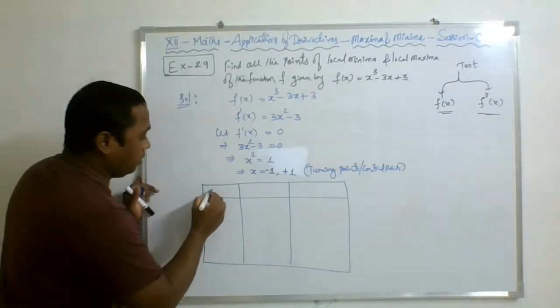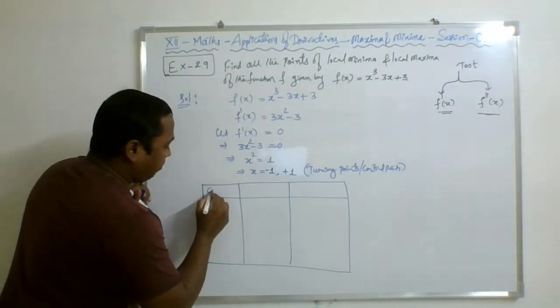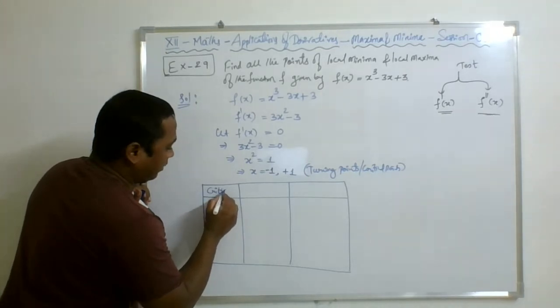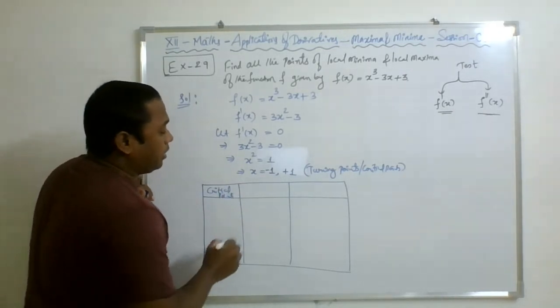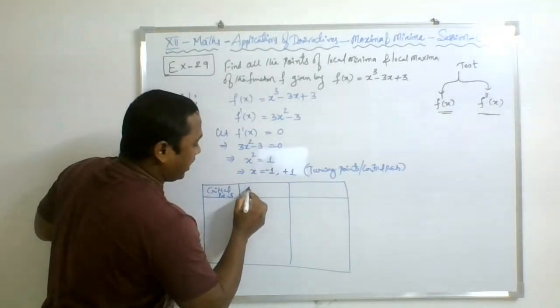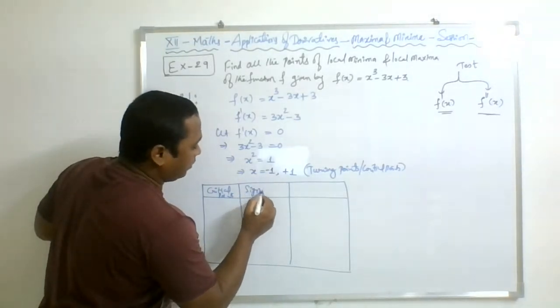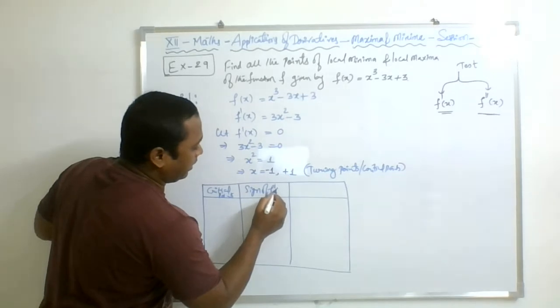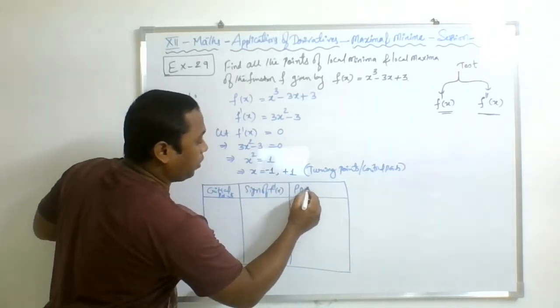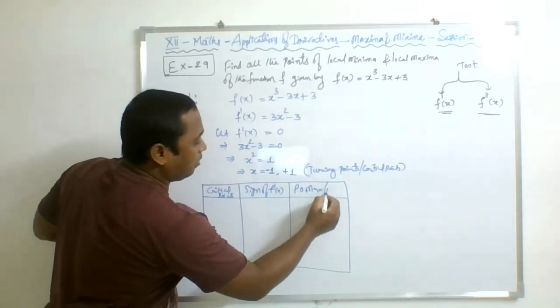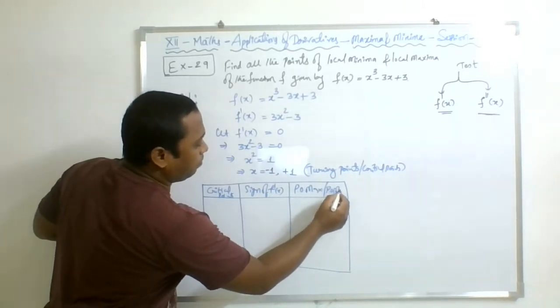First we'll take the critical points, and then we'll take the sign of derivative of the function, and then we'll decide point of maxima or point of minima.